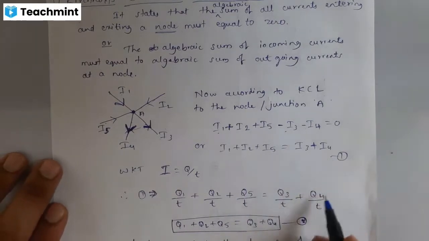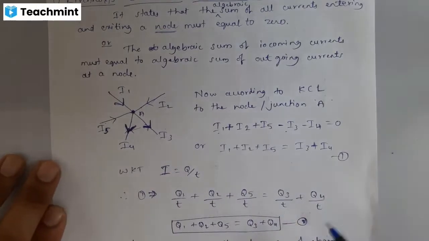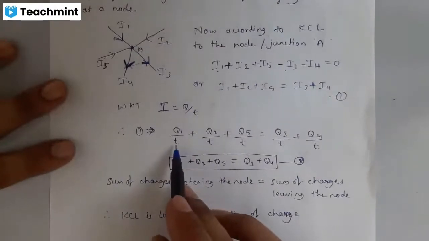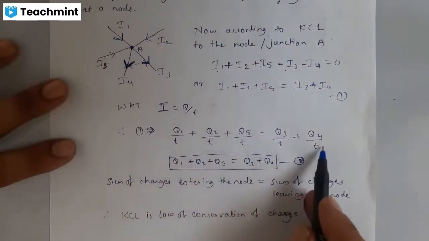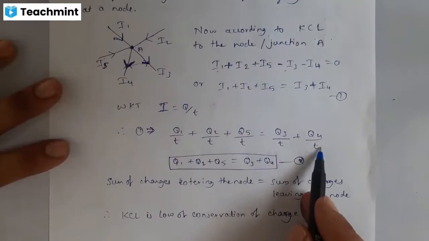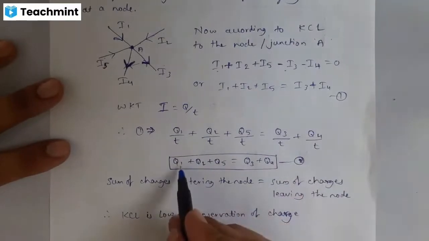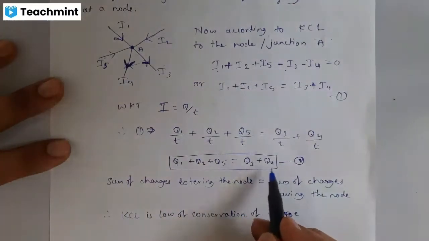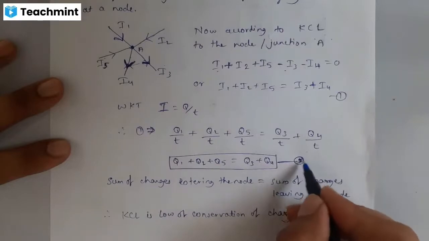Now if I cancel out the t, since the denominator here also has t, what I get is q1 plus q2 plus q5 equals q3 plus q4. Let it be equation number 2.